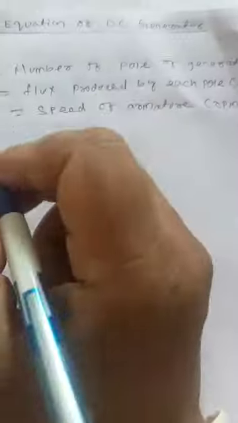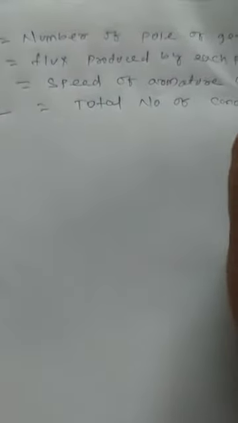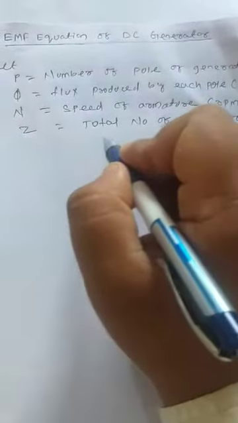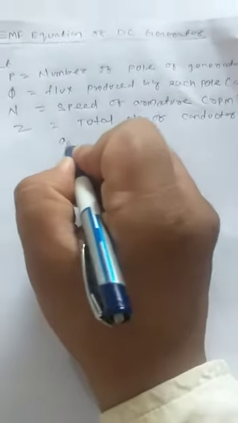N is the speed of the armature, in RPM. Z is the total number of conductors in the armature.